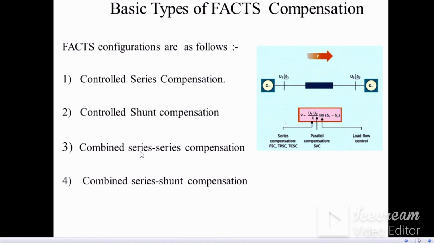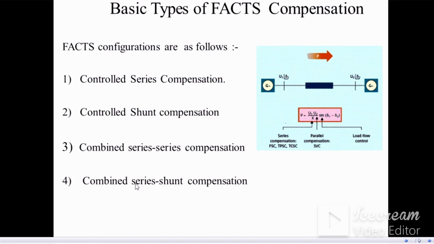Third one is combined series compensation. This is a kind of hybrid compensation. In this, we use inductor as well as capacitor together in a hybrid combination. They are connected in series manner. Your inductor and capacitor along with thyristor for controlling purpose is connected in series with the line. The last one is series shunt compensation.